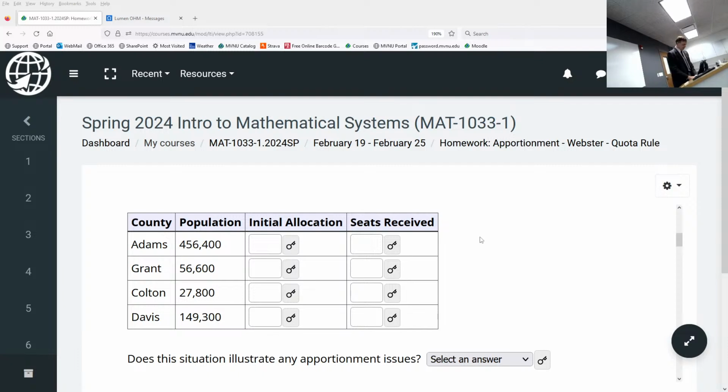I'm going to just type these into my spreadsheet here so I can do them quickly without having to pull out a calculator. 56600, 27800. Oops. And 149300.